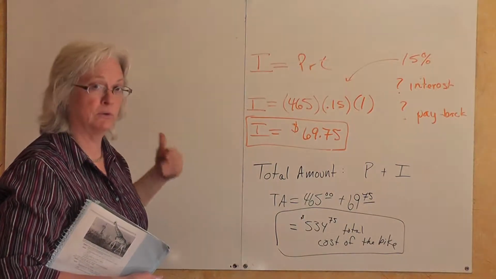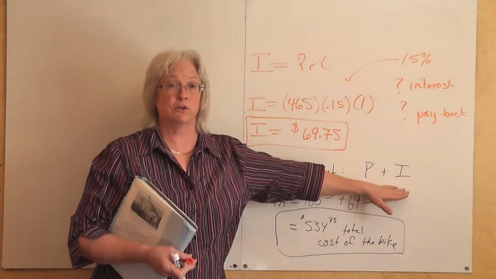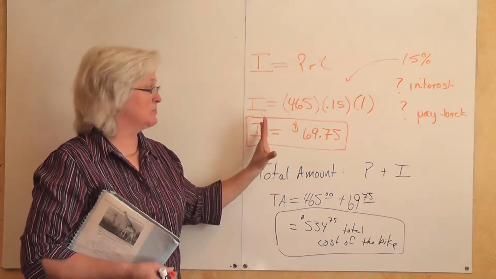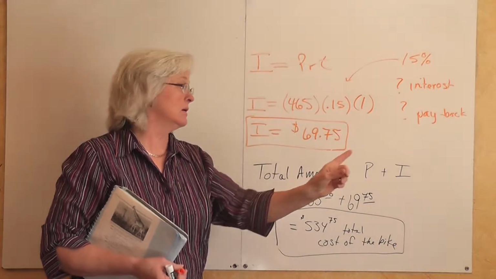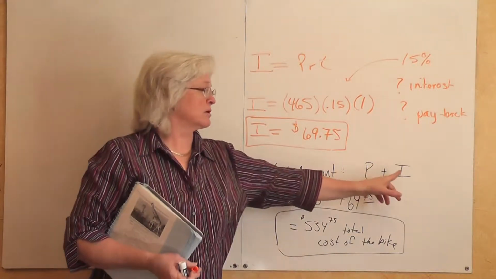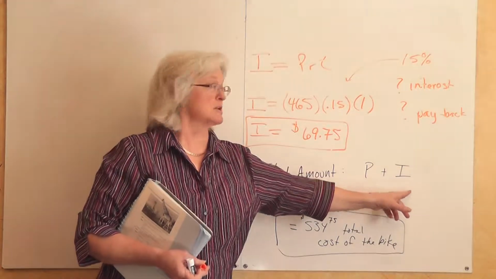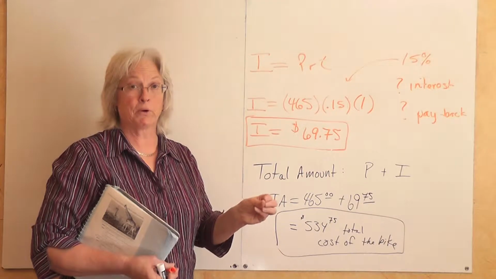And then you have to know that the total amount that it's going to cost you for whatever it is that you're buying is not just the interest. That's how much it costs you to borrow the money. The total cost of the item that you're buying is what it costs to borrow the money, the interest, plus the initial cost of your purchase.